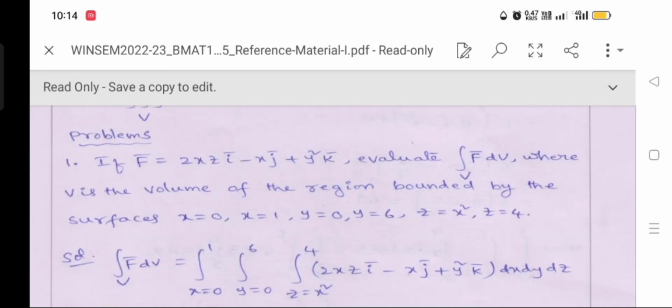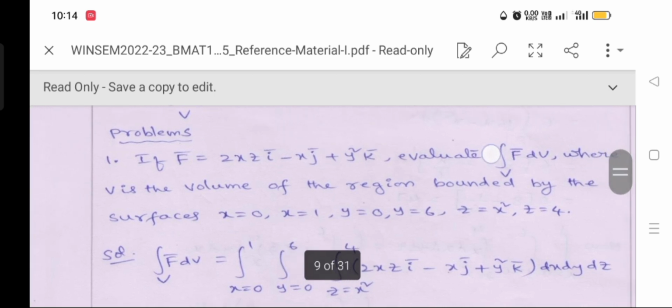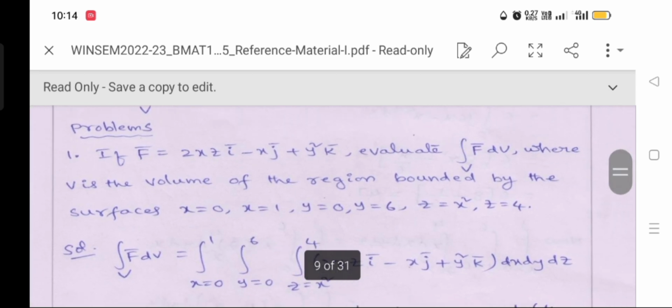Now problems. If F vector is equal to 2xz i minus x j plus y square k vector, evaluate the integral over V of F vector dV, where V is the volume of the region bounded by the surfaces x equal to 0, x equal to 1, y equal to 0, y equal to 6, and z from x square to 4.